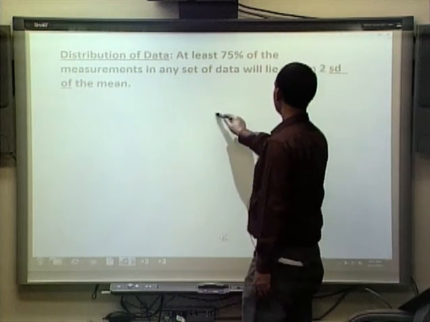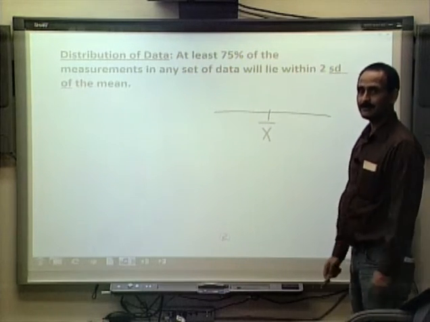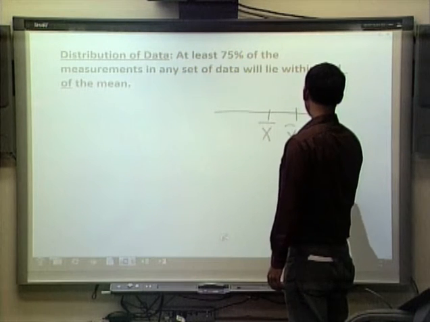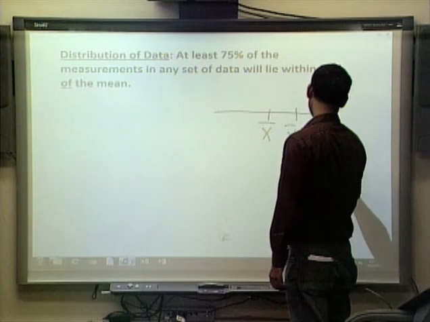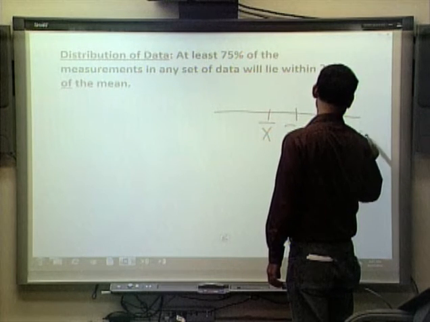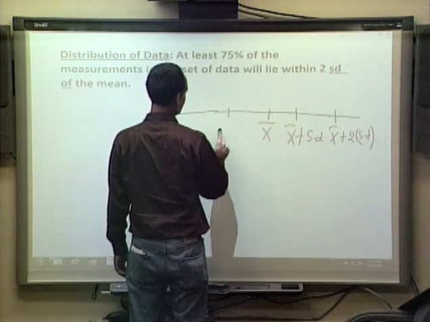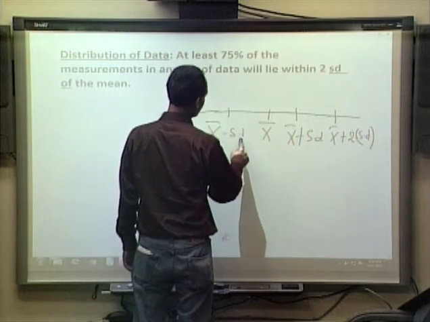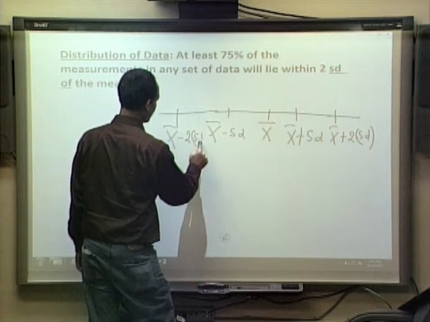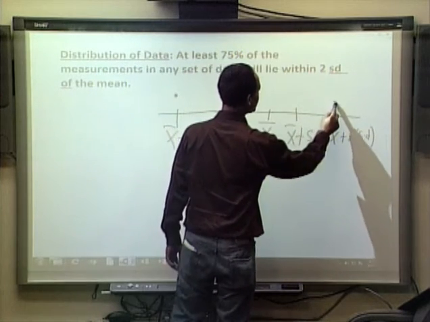Suppose x bar is the mean of the data. Go 1 standard deviation, x bar plus 1 standard deviation, again go x bar plus 2 standard deviations, and on the left subtract 1 standard deviation and again subtract 1 more standard deviation, so x bar minus 2 standard deviations.